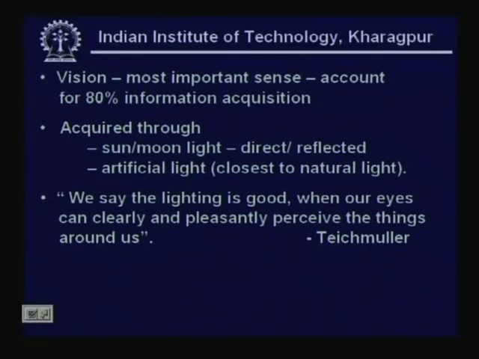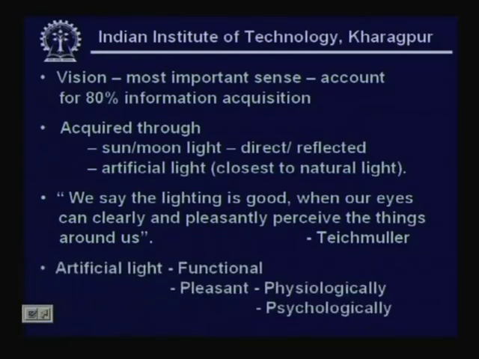Here it is necessary for us to see what is a good lighting. In fact, this has been one of our first instructional objectives. We say the lighting is good when our eyes can clearly and pleasantly perceive the things around us. This is what Teichmuller says, and that is to be kept in mind. So, artificial light therefore has to be functional.